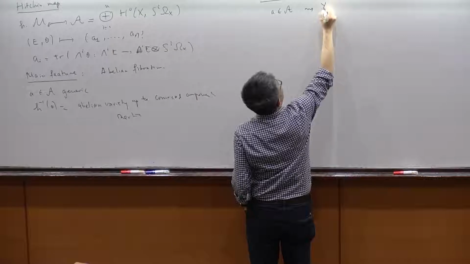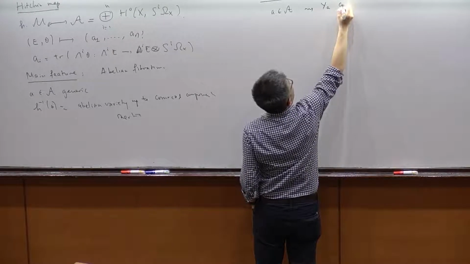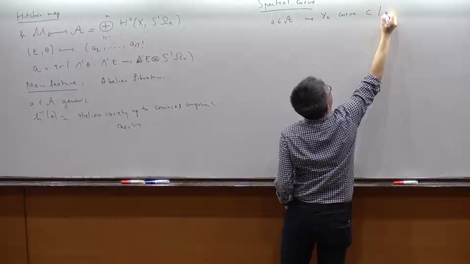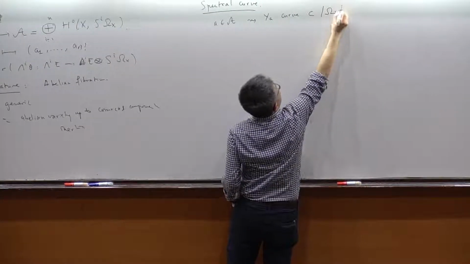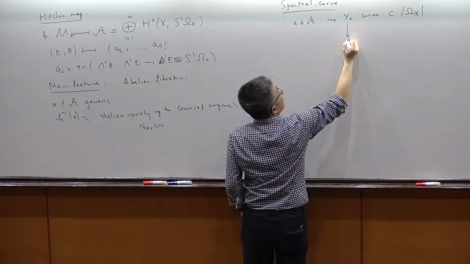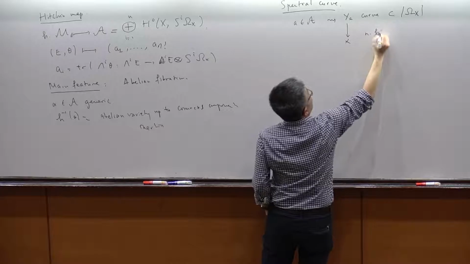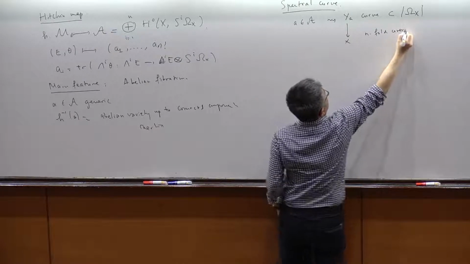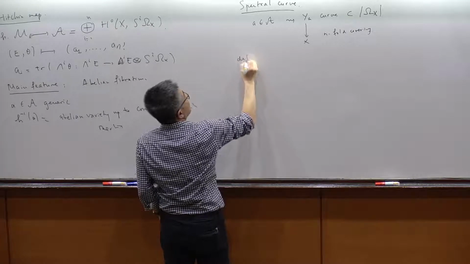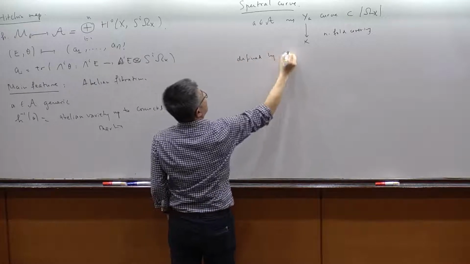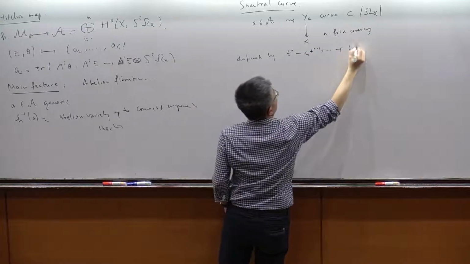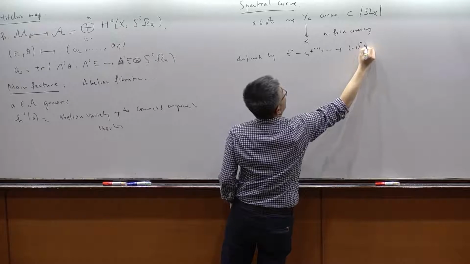It gives rise to Y_a, a curve inside the total space, the cotangent space of X, which maps onto X as an n-fold covering, defined by the equation t^n - a_1 t^(n-1) + ... + (-1)^n a_n.